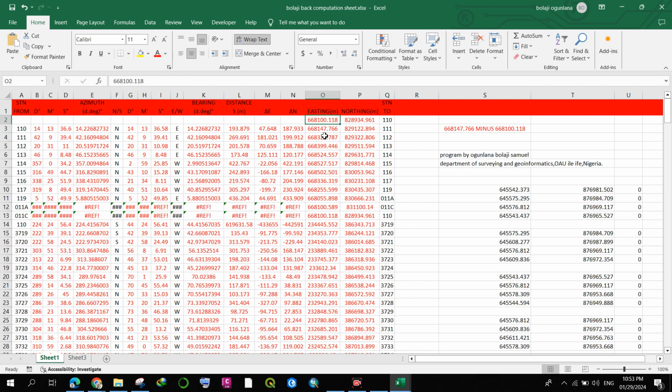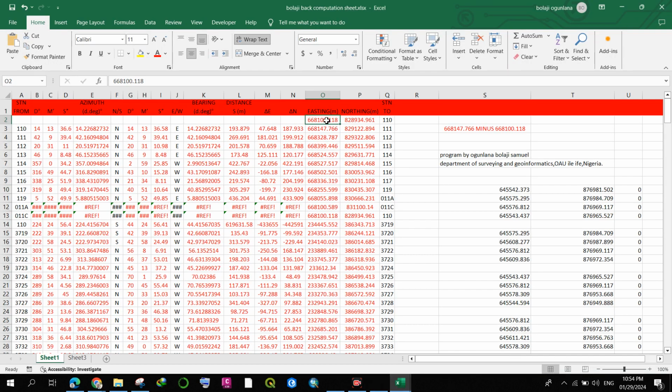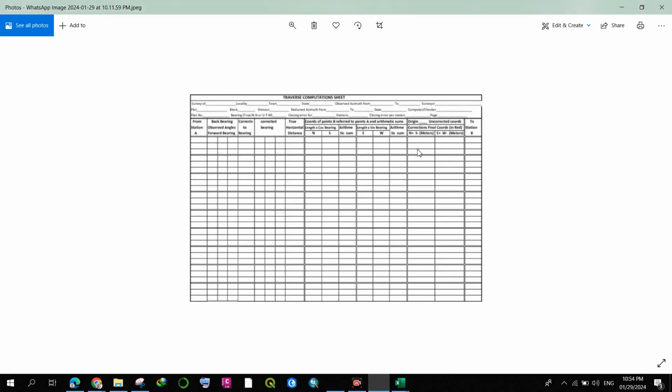If that value is positive, if you check your four cardinal points, you have your graph positive to the north, positive to the east, negative to the south, and negative to the west. If you have that, you subtract this value here from what you have here. The value can either be positive or negative. If it is positive, you write it under the northern column.